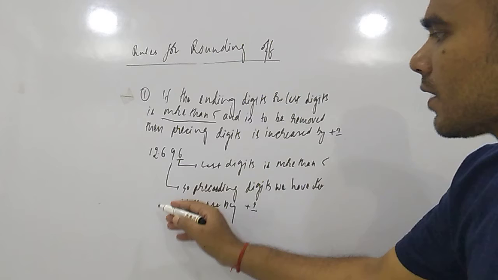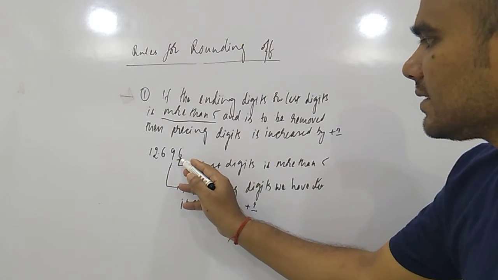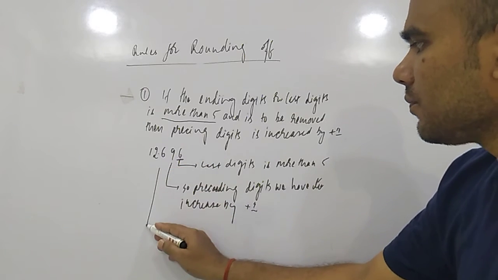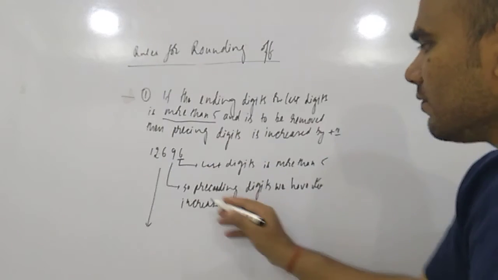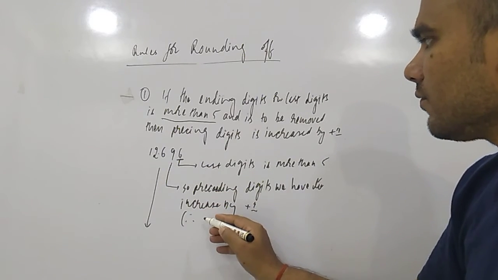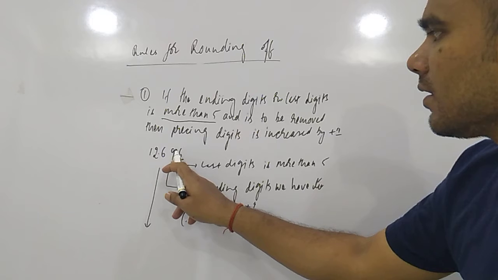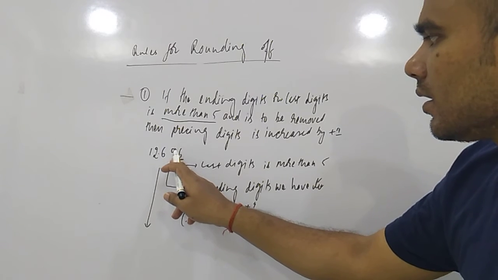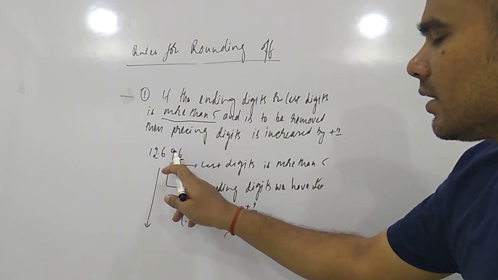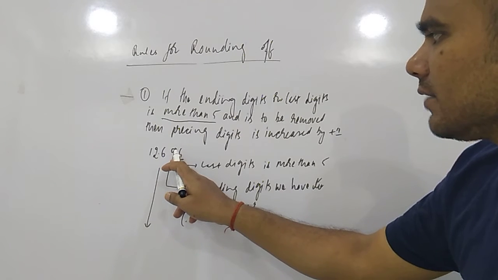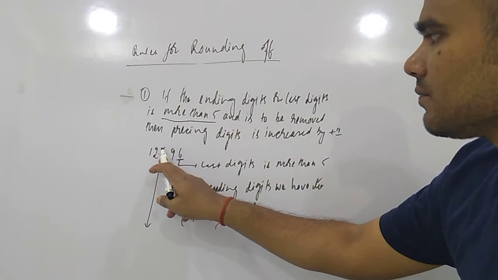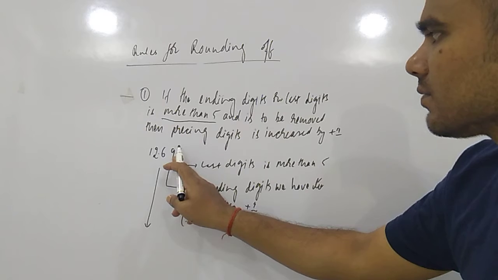So see here, 12.69. The 6 we want to remove. What could be the answer? The 9 will become 10. If you add 1 to it, 10 means this will become 7 and this will become 0.